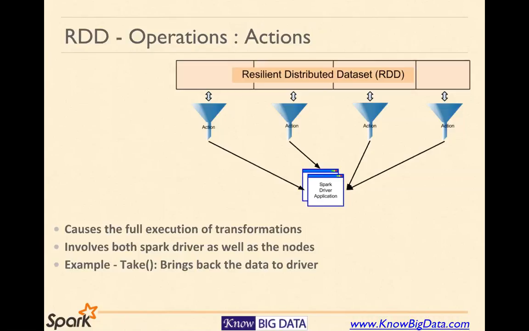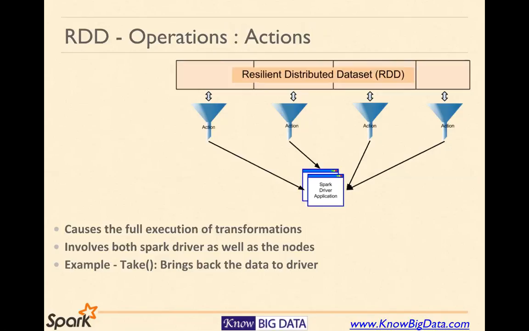In our word count kind of cases, what we did was we loaded the data, did some transformations, made some modifications, and then we said take, or we said save as HDFS. Only when we said take or save as HDFS did the actual computation start.